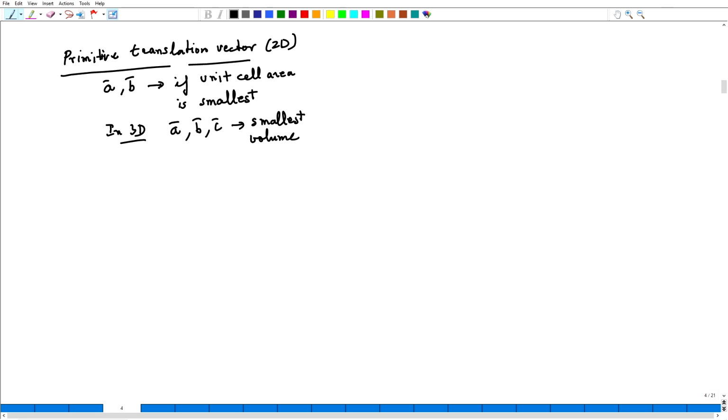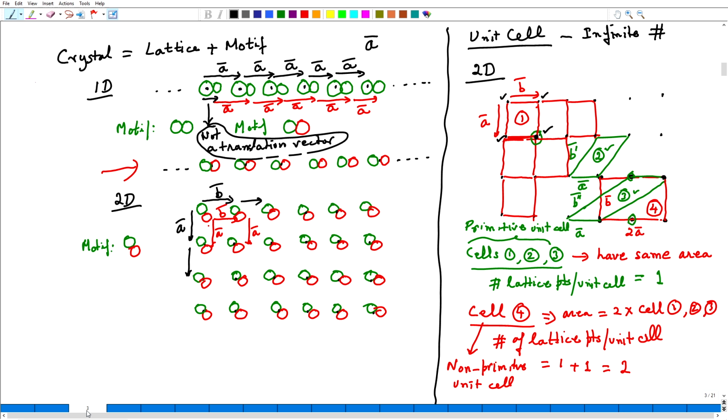So, obviously, if I have primitive translation vectors, then I would also have non-primitive translation vectors, which means that it will define a unit cell which has an area in 2 dimensions bigger than the primitive unit cell, which is the case for cell number 4 out here.